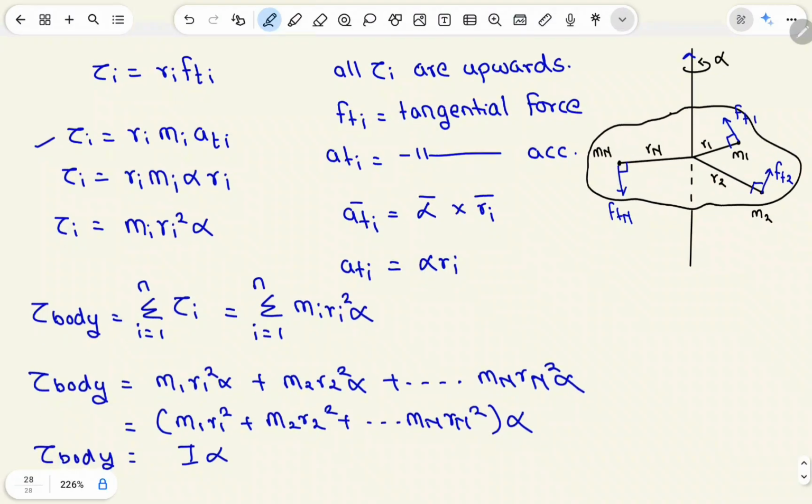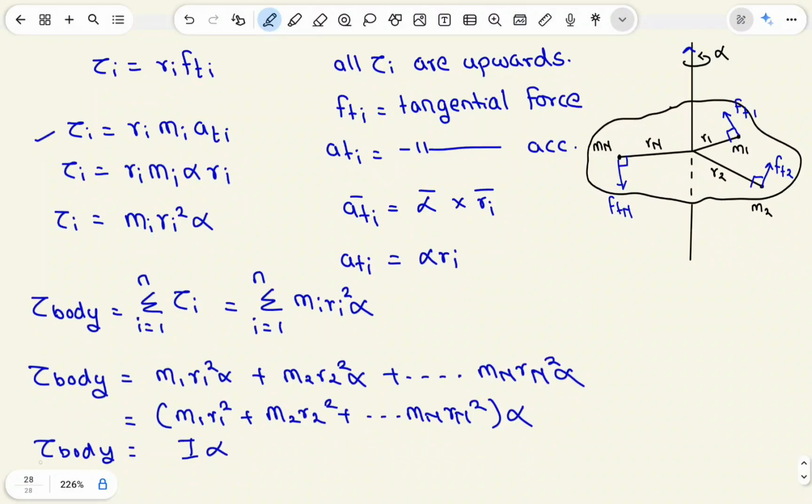So the torque acting on the rotating body can be written as the moment of inertia of the body times the angular acceleration of the body. Thus we have proved that the torque acting on the body is I into alpha.